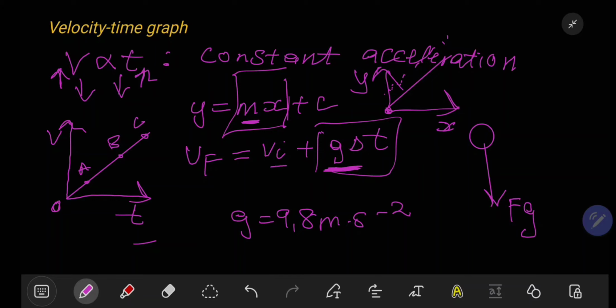Similarly, when we look at the initial velocity, this v initial determines where the graph should start. For example, if your initial velocity was 5, then it would start at 5 moving in a certain direction. So this v initial tells you where the graph really starts.